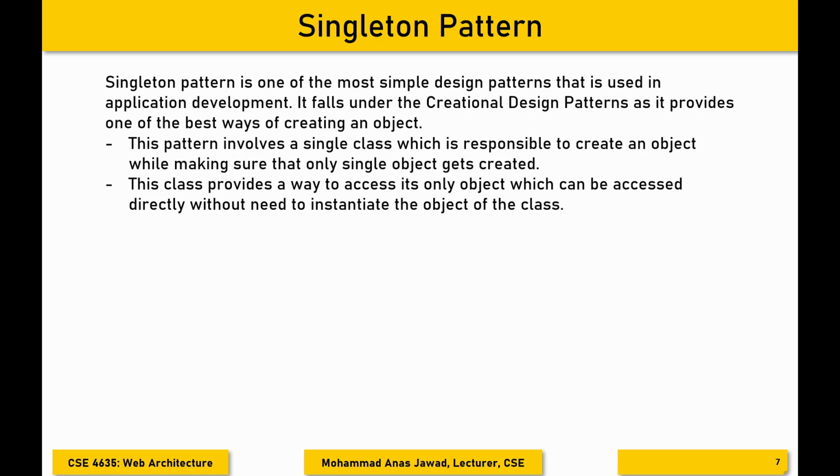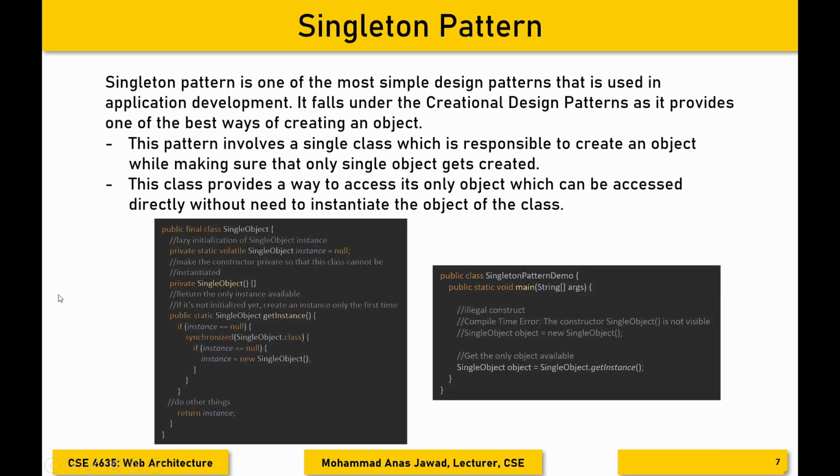So again, the main purpose of the Singleton pattern is to make sure that we always have a single instance of a class, and another purpose is to provide a way to always get access to that single instance. Okay, so let's see a very simple implementation.